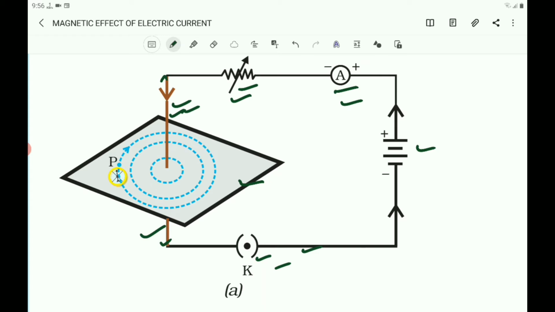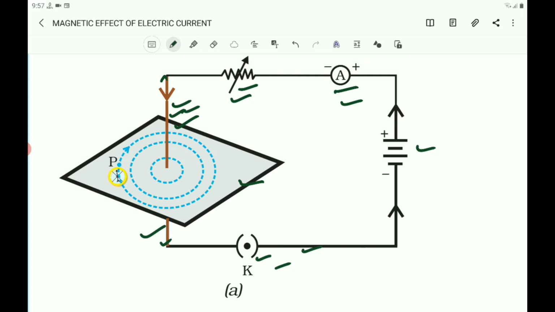We have to connect the battery and plug key in series, and here we have to verify the magnetic field around a conductor, that is around a straight conductor. When current flows through this conductor, a magnetic field will be created around it.